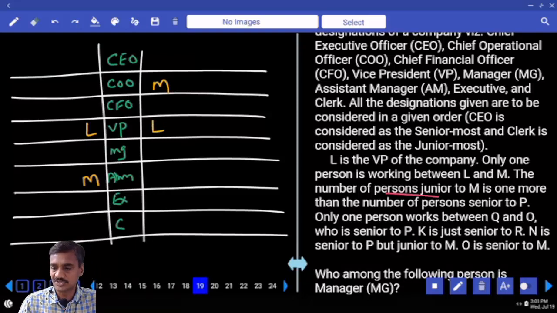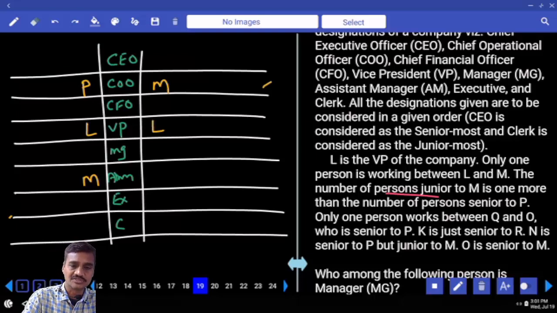And the number of persons junior to M is one more than the number of persons senior to P. Junior to M, how many are there? 2. Now this 2 is one more than the number of persons senior to P. Before this P, there must be exactly one person.